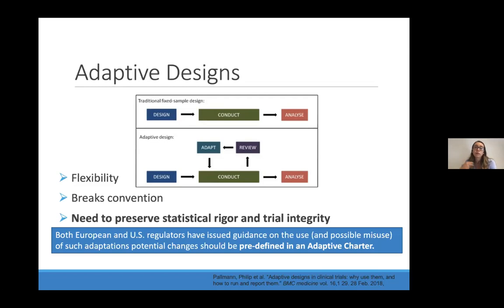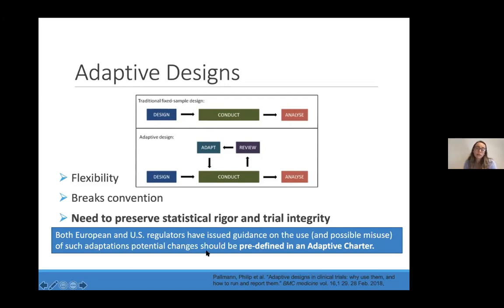We need to think about the limitations of our design and how we're going to address those limitations. And if something happens in our trial, how we're going to address what happens. It's the same thing for adaptive design. It doesn't mean that you can run a trial and change in the middle, right? It means that you need to plan your design, plan how you're going to change, and plan how you're going to analyze your data and what you do with those results, okay?